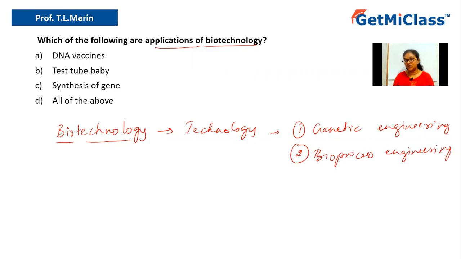One is genetic engineering. So what can be done by genetic engineering? You can create genes, because you're actually engineering the genes. You can create genes, you can modify them, and you can also produce certain recombinant DNA.